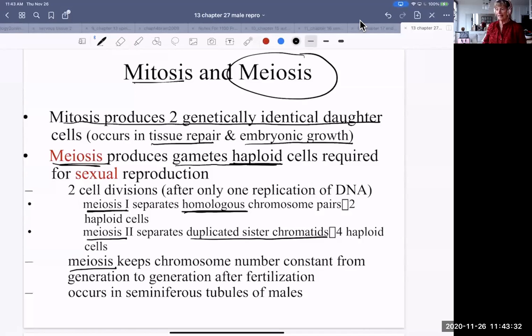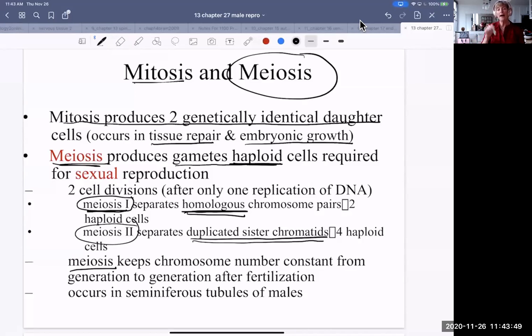So we've got a good handle on meiosis. There are two stages, and we recall that meiosis 1 separates homologous chromosomes, and meiosis 2 separates the sister chromatids.